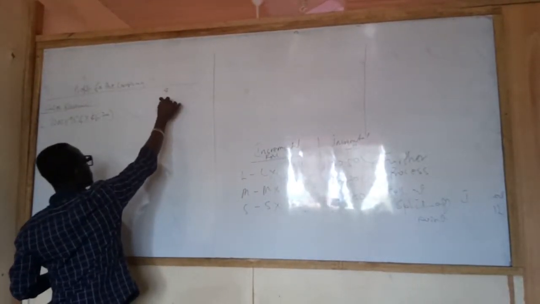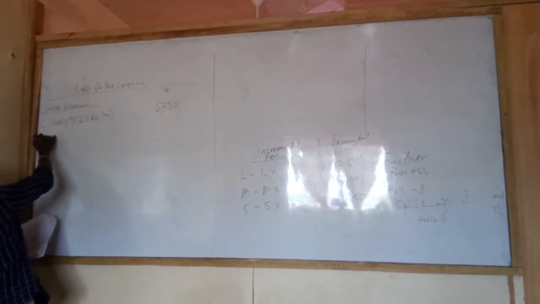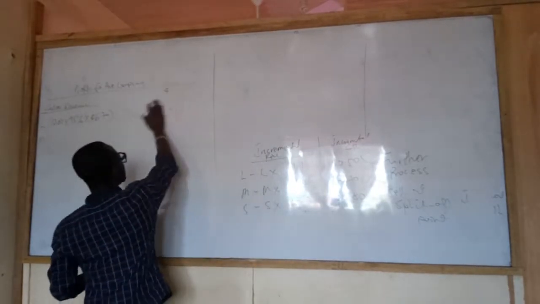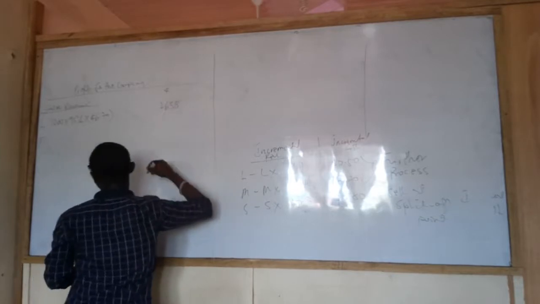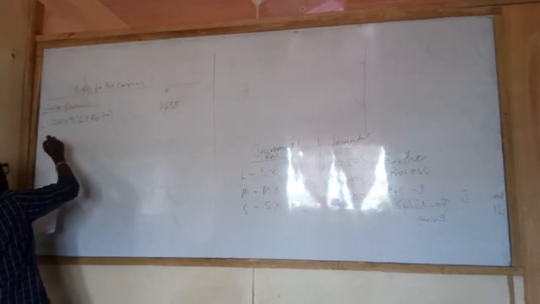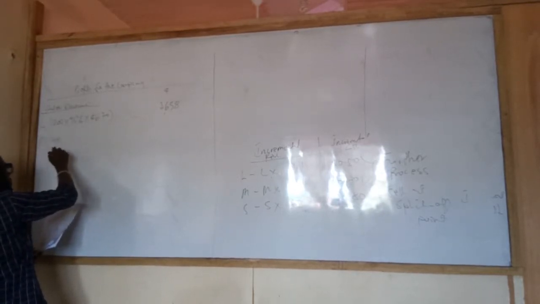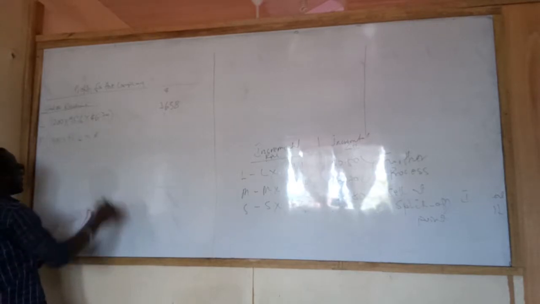Seven, 6, 3, 8. Then for M, 7, 6. Then M, what is the output for M? 1,004. Are we further processing? So we will lose 5%, so we will take 95%.